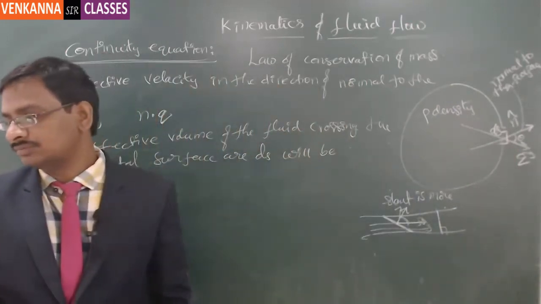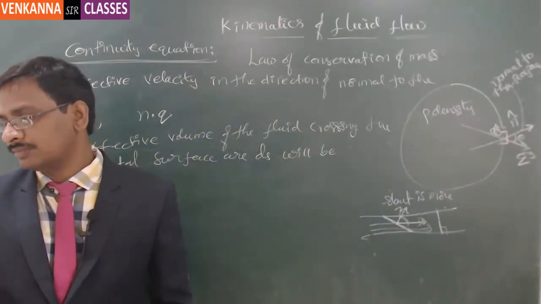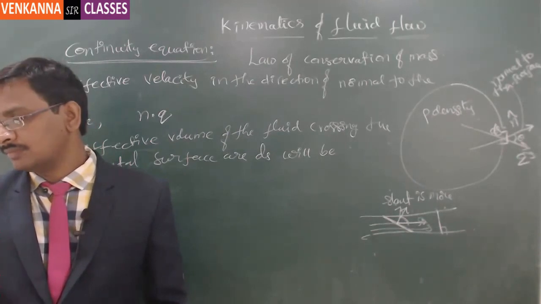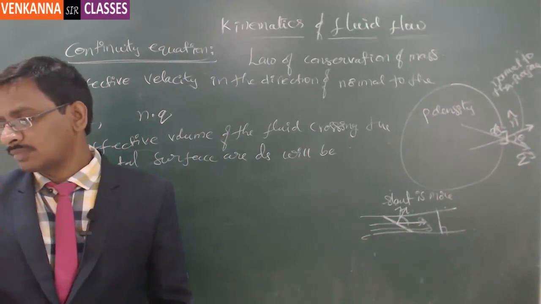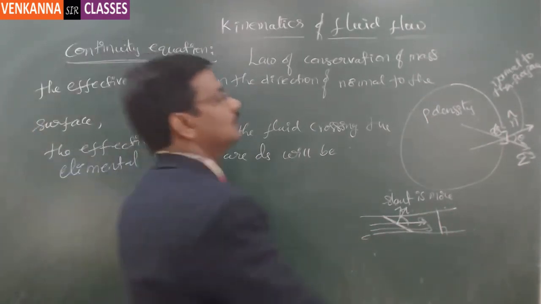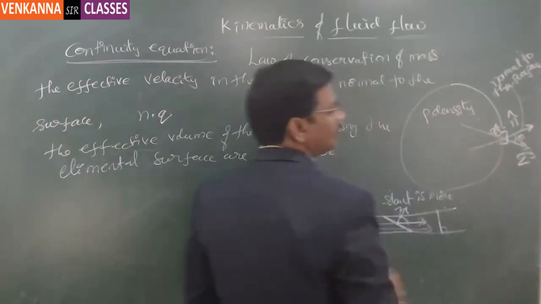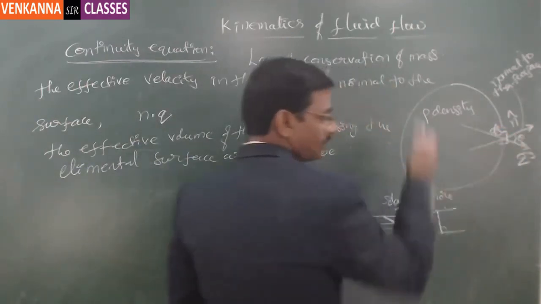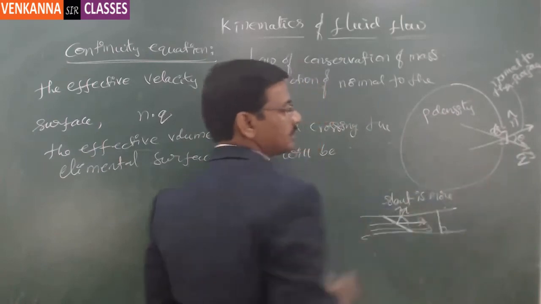Correct or not? So ds into q is the volume of the fluid that is going out, because the fluid is crossing the cross-sectional area, right?